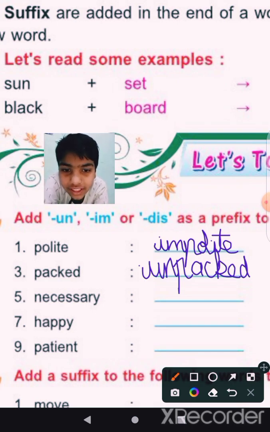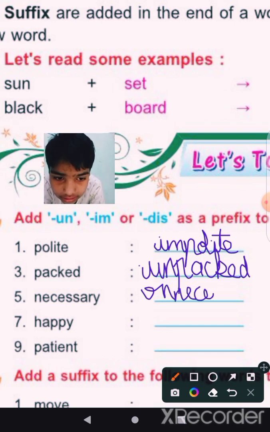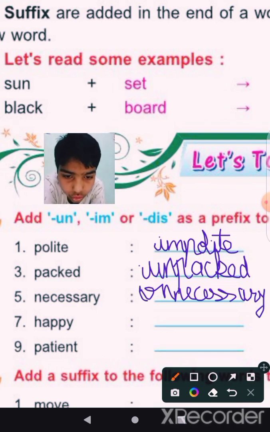Unnecessary or disnecessary? It doesn't suit. Disnecessary, it's again not right. Unnecessary. So let me just erase that. Unnecessary. Got it?